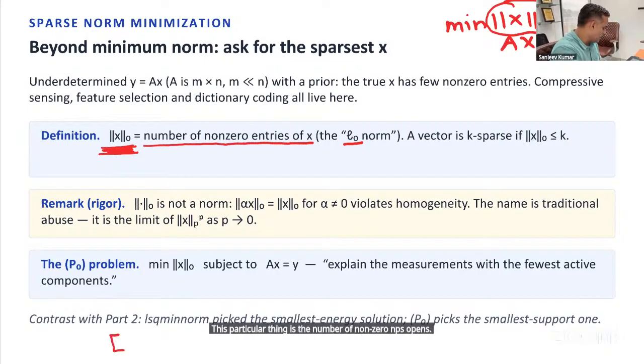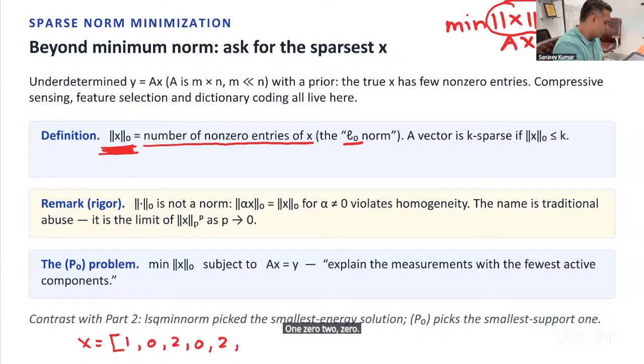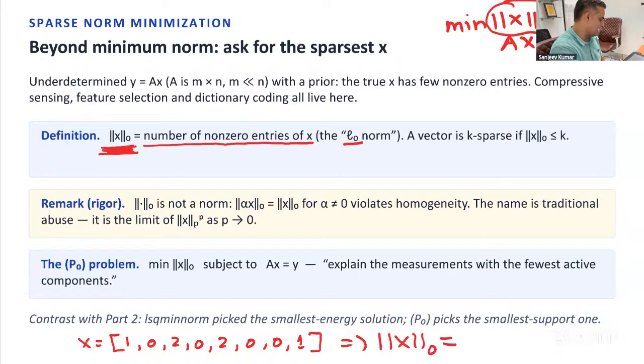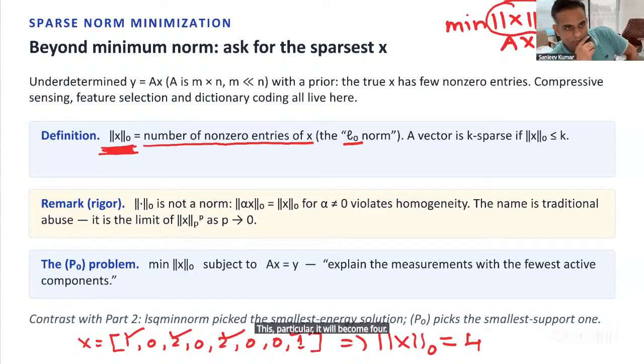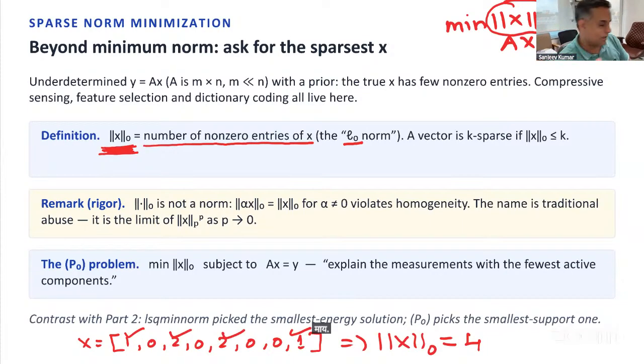For example, if x is the vector 1, 0, 2, 0, 2, 0, 0, 1, then this value will be the number of non-zero entries: 1, 2, 3, 4. It will become 4.